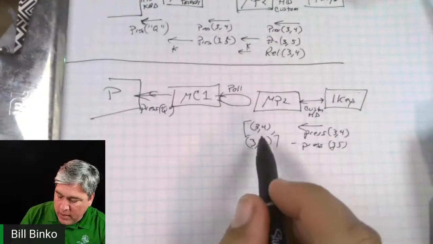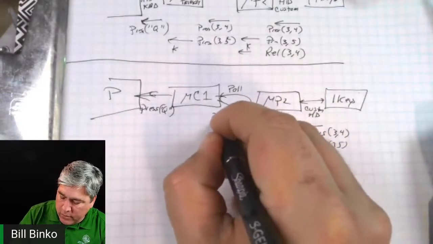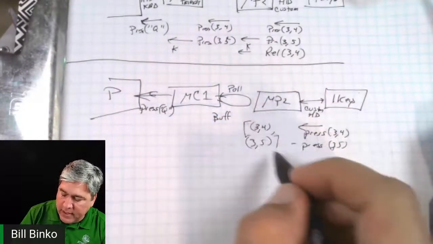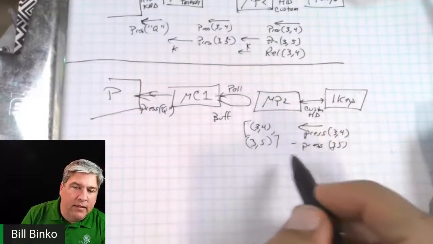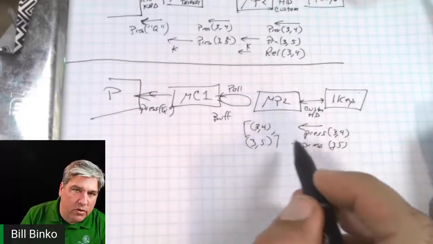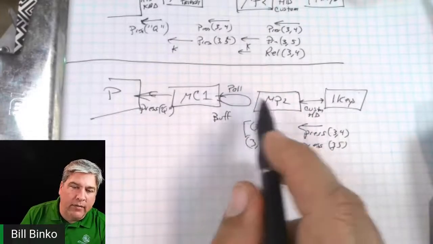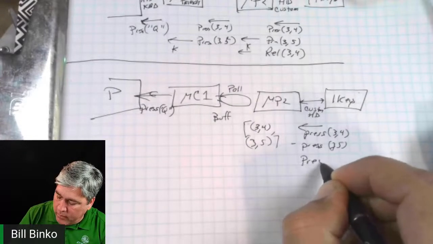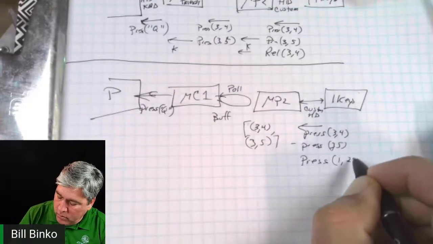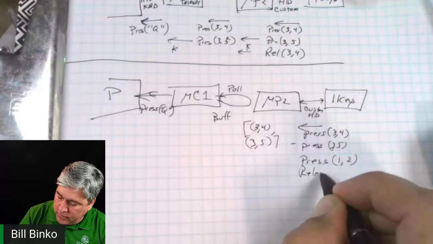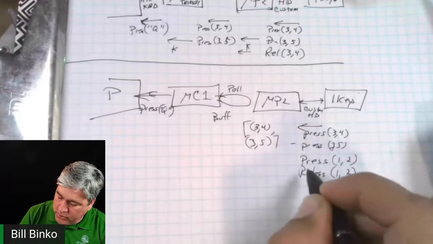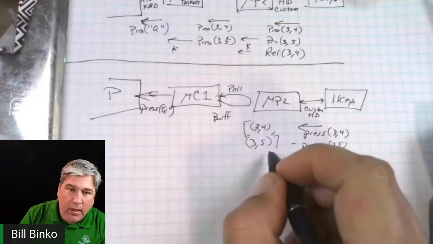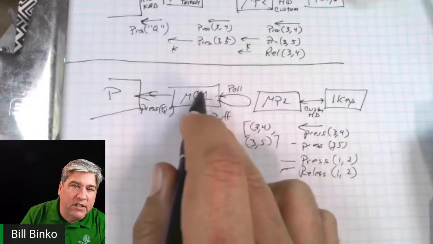All right. So this buffer that's smarter and says, I'm just going to update this internal state of what's currently pressed and send it whenever it's requested, means that it is possible for a press 1.2 release 1.2 to happen and this guy to never see it.